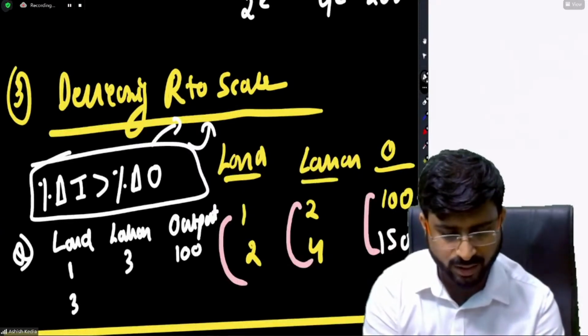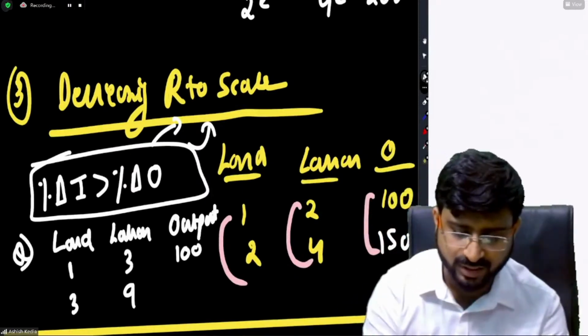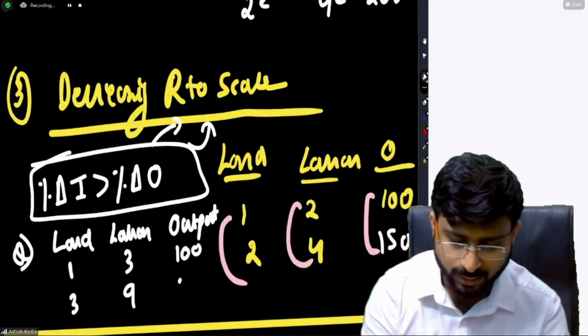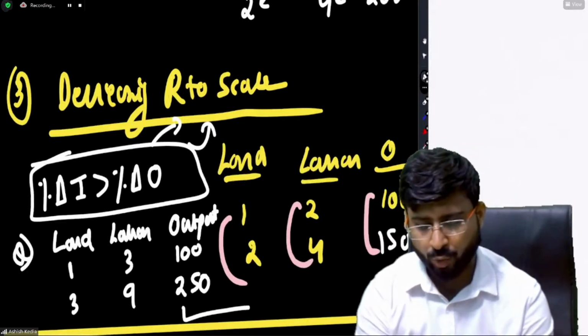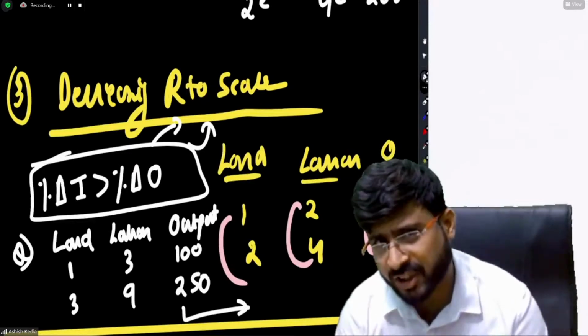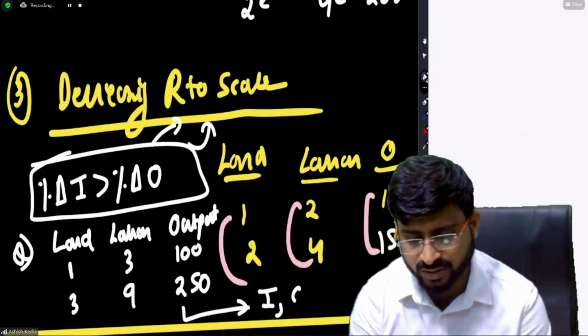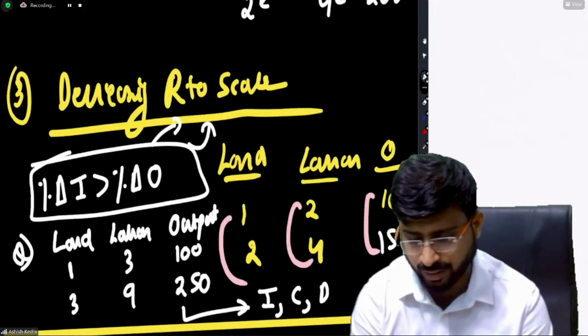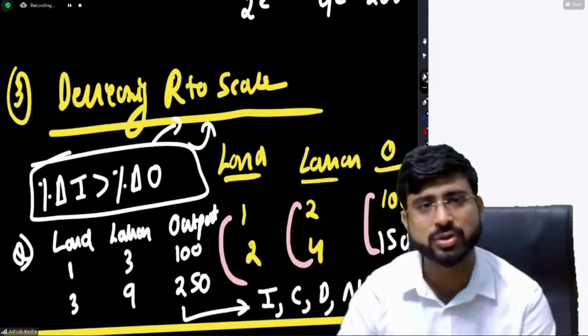Suppose land becomes 3, labor becomes 9, and output becomes, let's say, 250. Which law or which of the stages of the returns to scale are you seeing here? Options are increasing returns, constant returns, decreasing returns, or none of these. What is your answer, friends? What do you say?